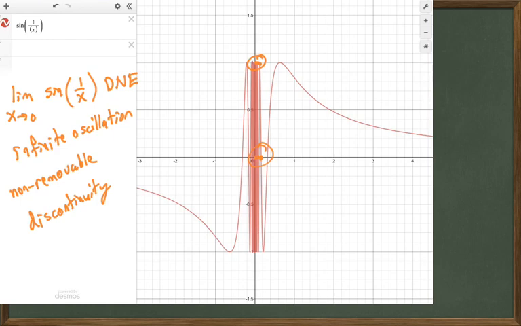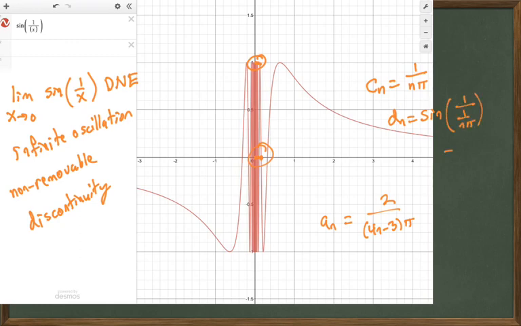And the sequence a sub n equals 2 over 4n minus 3 pi is used to show that there are infinitely many points close to 0, and then the sine of the reciprocal of those points is always going to be 1. The sequence you would use for the infinitely many zeros would be c sub n equals 1 over n pi, and then d sub n would be the sine of the reciprocal of that sequence, which gives you the sine of n pi.